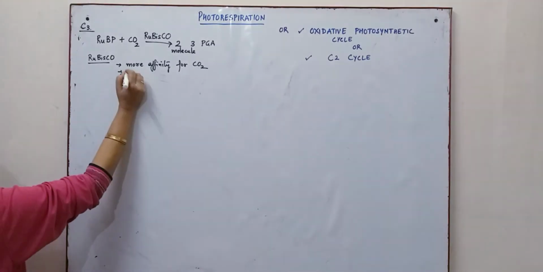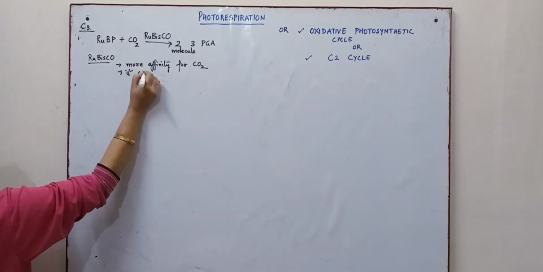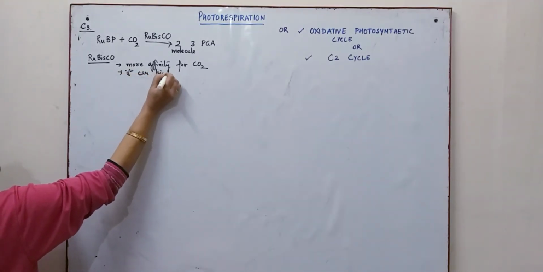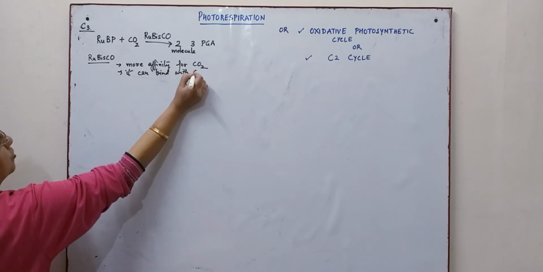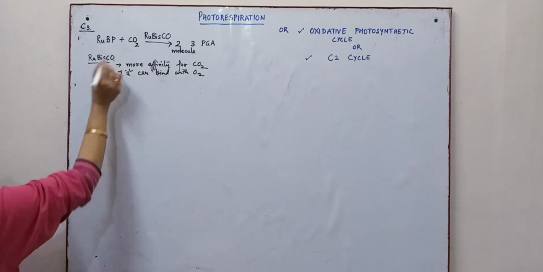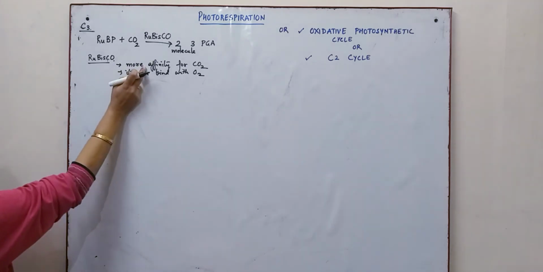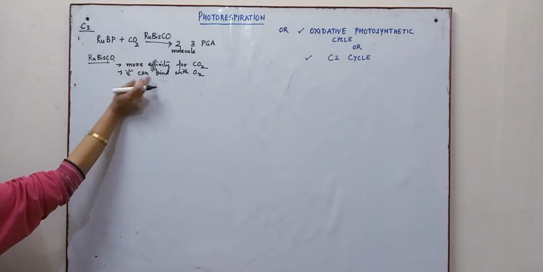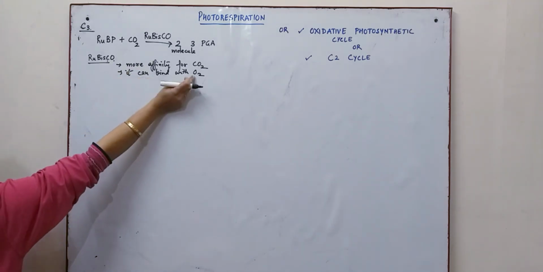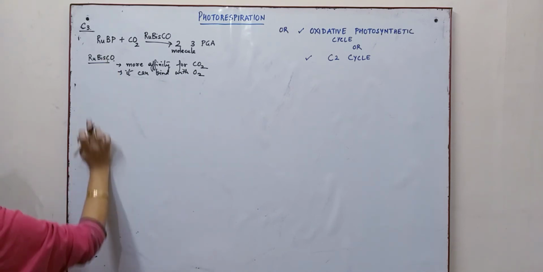At the same time it can bind with oxygen also. Therefore, the name carboxylase oxygenase. When it combines with carbon dioxide, it is carboxylase. When it is helping in combining with oxygen, it is oxygenase.